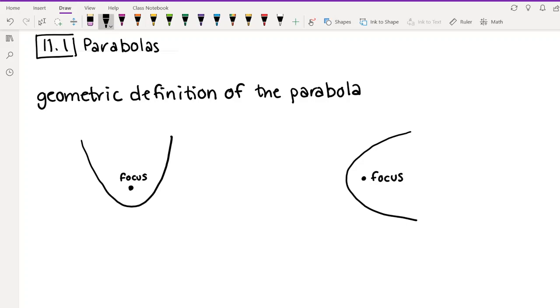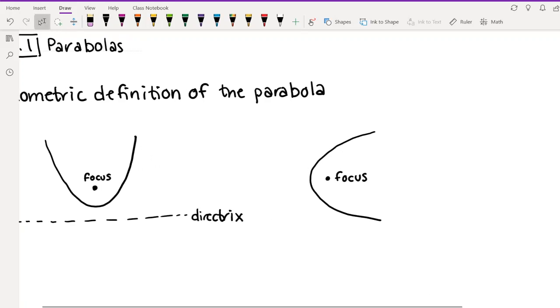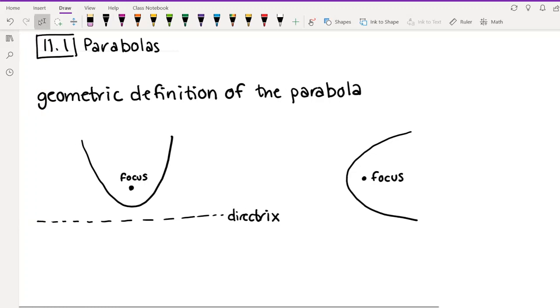So for a parabola, instead of having another point that's also called the focus, they have this line that is called the directrix. So this line here is called the directrix. And if you were talking about a sideways parabola, then the directrix would be a vertical line.